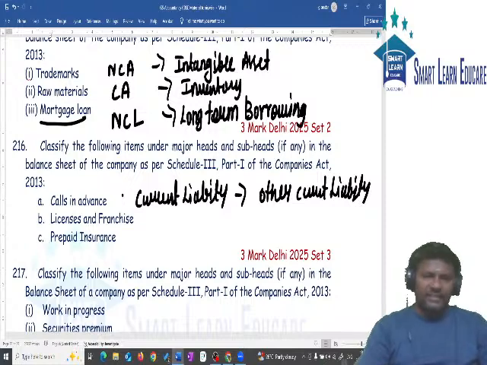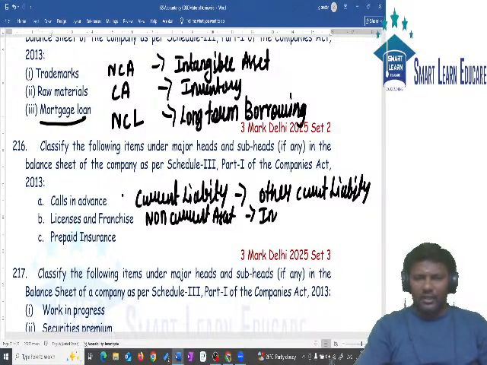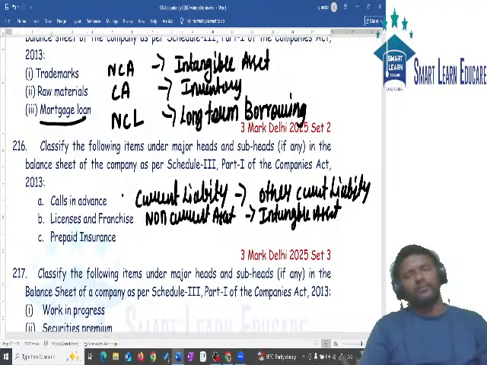Next one, license and franchise. License fee and franchise. Okay, so it will come under non-current asset. In non-current asset, intangible asset. Prepaid insurance.